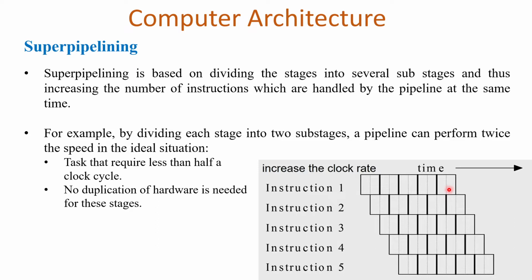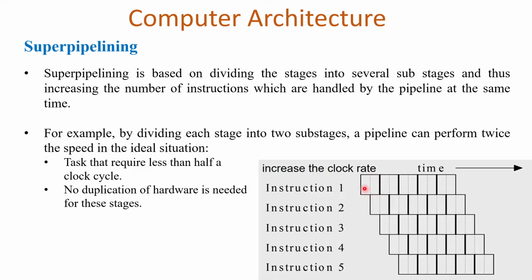And somehow, if you are able to divide those fetch, decode, execute, operand fetch, all the stages into more parts internally, then logically we can think that each and every stage is basically divided into 2 parts, which we have expressed by this dotted line.